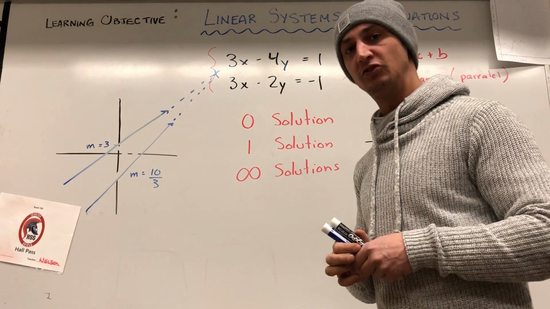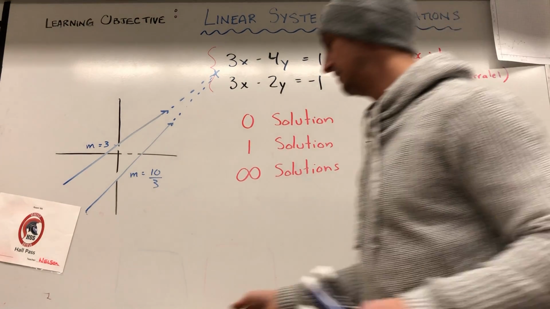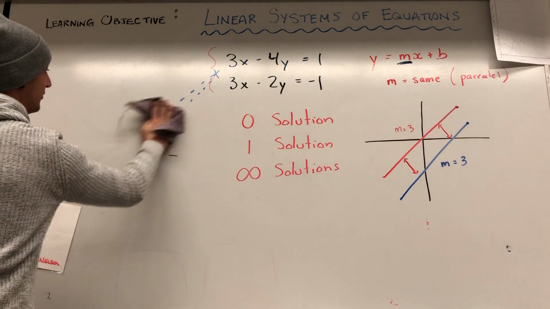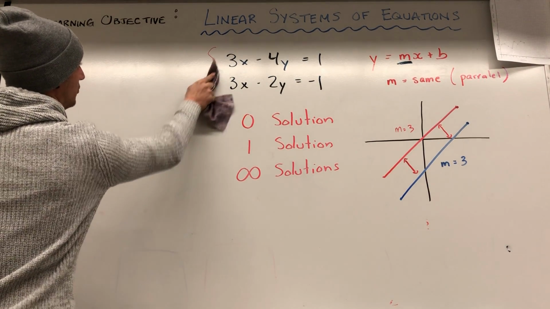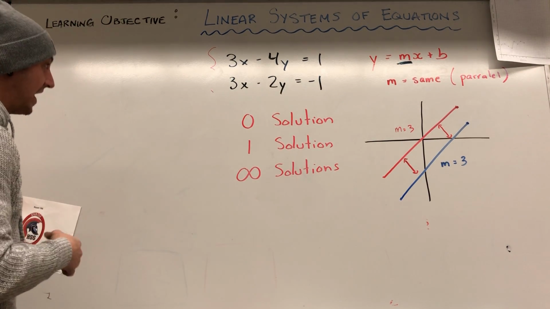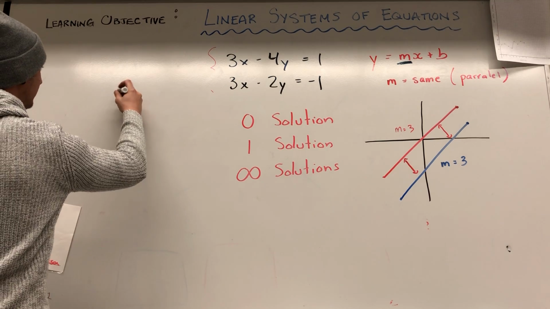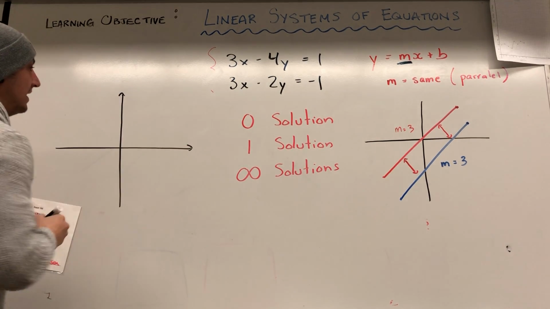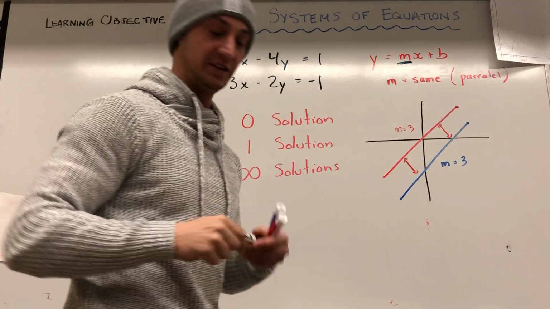Now, what situation would I have an infinite number of solutions? So basically, for every x, the y will be a solution. Every coordinate is a solution. Well, we're going to have infinite solutions when I have exactly the same equations.